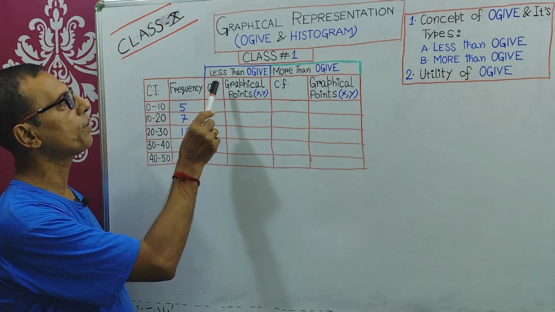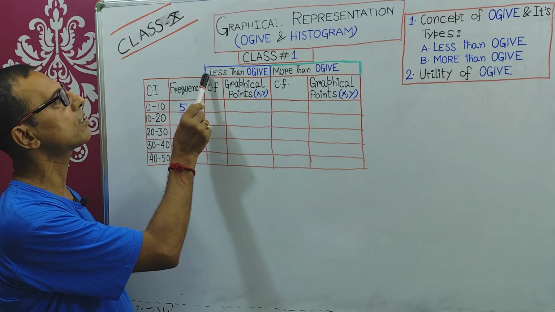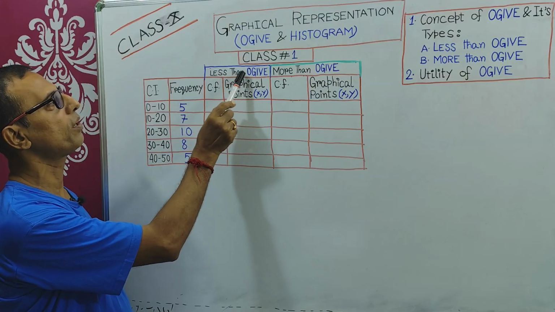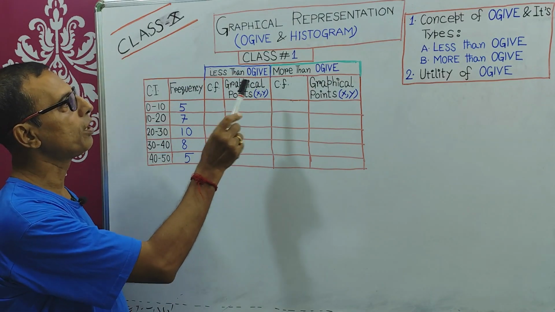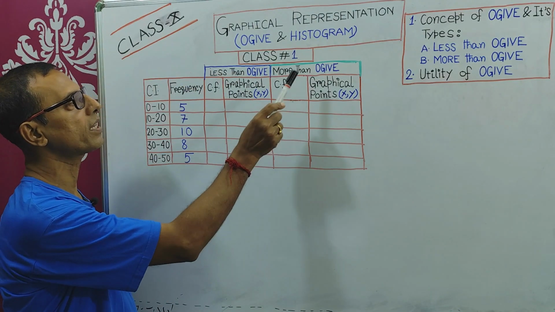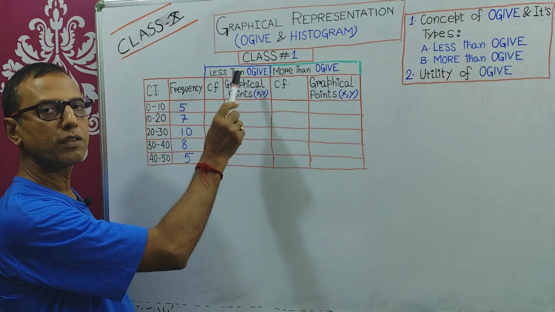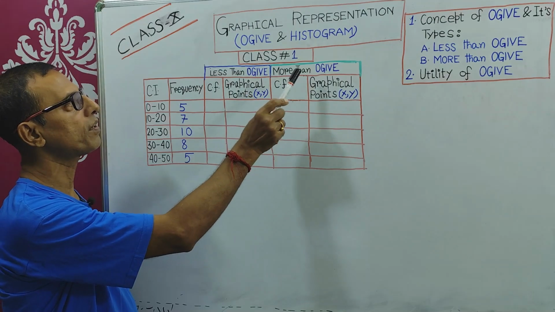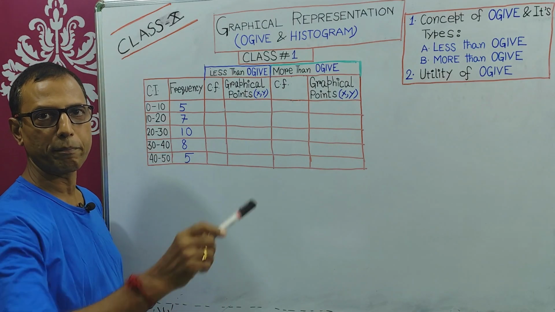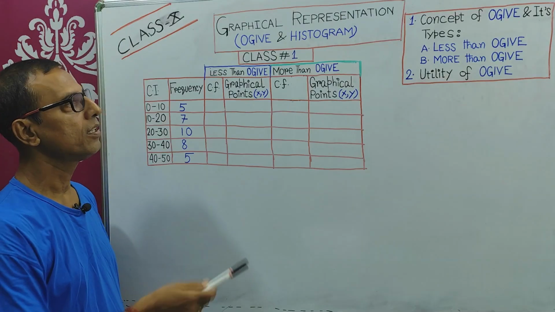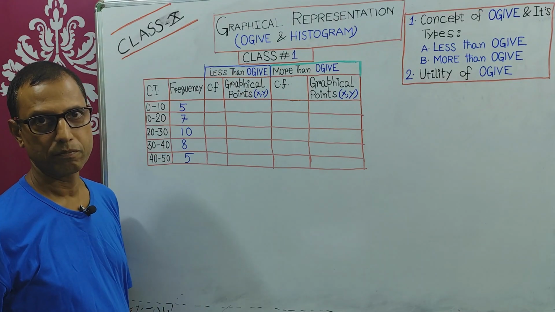This cumulative frequency and graphical points, look at the top representation, is for less than OGIVE. And we will calculate the same cumulative frequency and graphical points also for more than OGIVE. And we will draw both the less than OGIVE and more than OGIVE in the same graph, so you can differentiate both the curves.